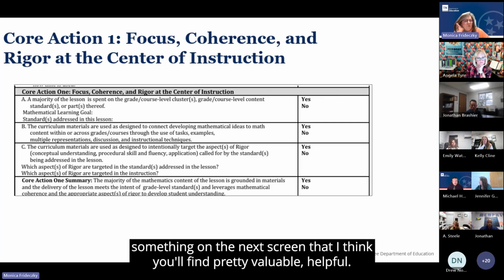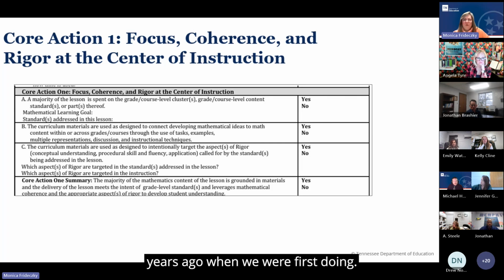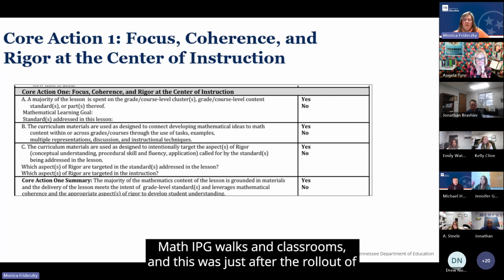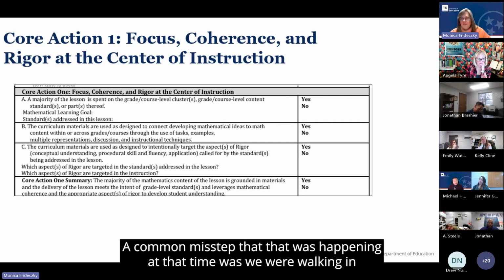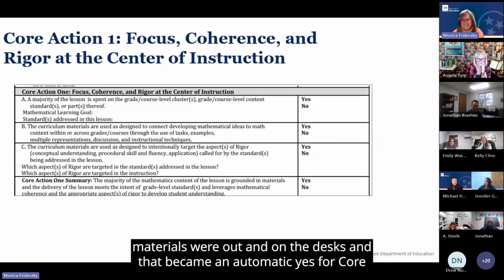One thing I do want to mention before we move on is, if you recall a couple of years ago when we were first doing math IPG walks in classrooms, just after the rollout of the new HQIM, a common misstep was that we were walking in classrooms looking for core action 1 indicators and thrilled to death that the materials were out and on the desks.